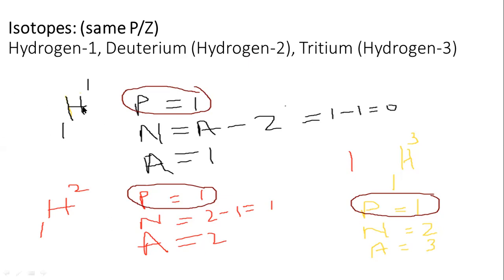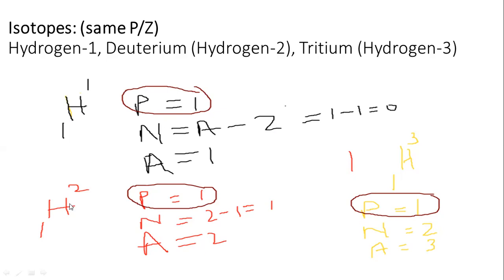So first is hydrogen, atomic number is 1, mass number is 1, so number of protons is 1 because the atomic number is 1. And the neutrons, you can calculate as mass number minus atomic number. So this is 1 minus 1 equal to 0. There are no neutrons in the case of hydrogen 1. For hydrogen 2, the number of protons is the same.